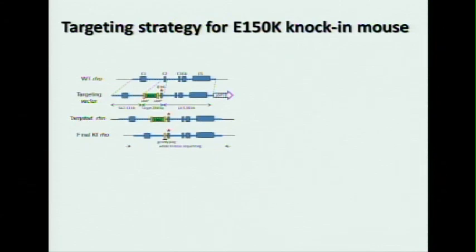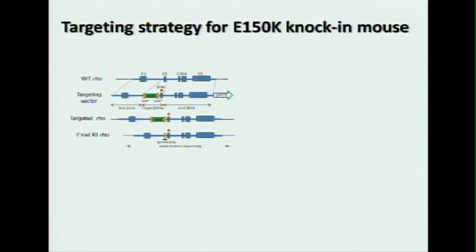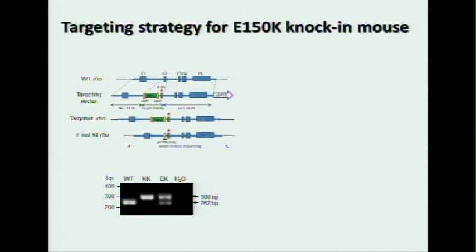Later, the neo cassette was removed by a Cre-expressing vector, and the final knock-in allele contains the E150K mutation and a 44 bp loxP residue in front of exon 2. The mutation was confirmed by genotyping.